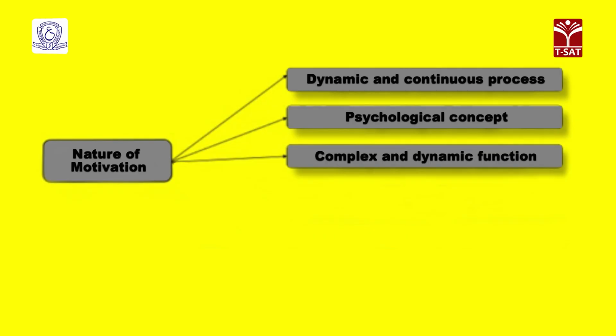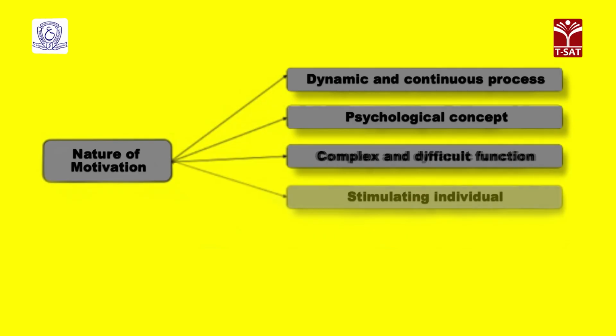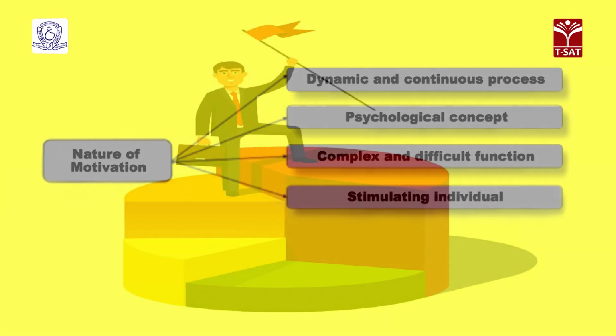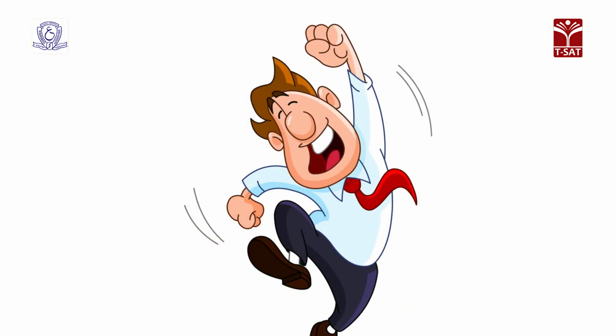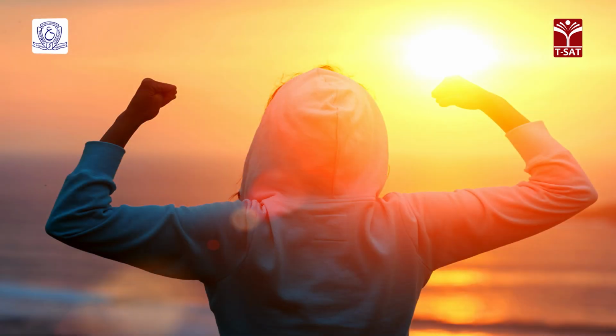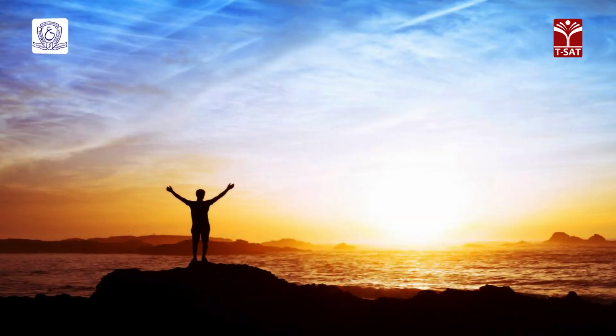Motivation can also be very stimulating to the individual, because it is the factor which pushes the individual to take up a task. So it stimulates our energy, it stimulates our excitement to take up a task. By understanding these features, we can understand the nature of motivation.